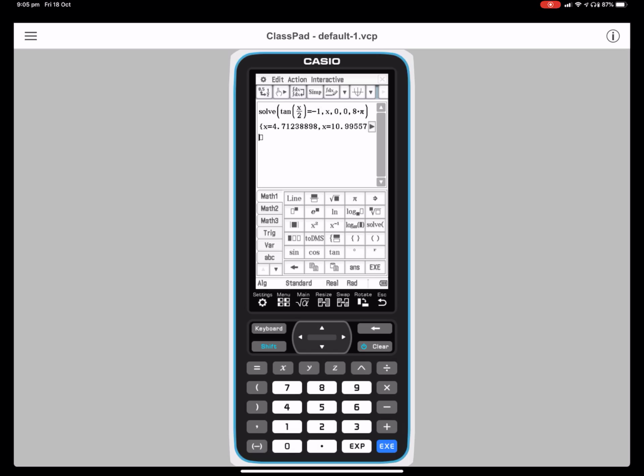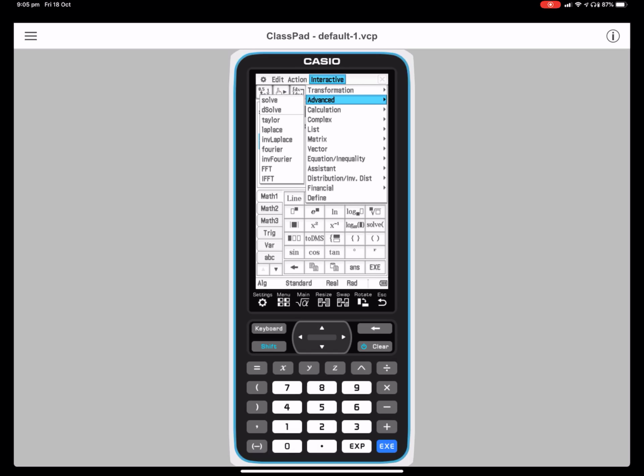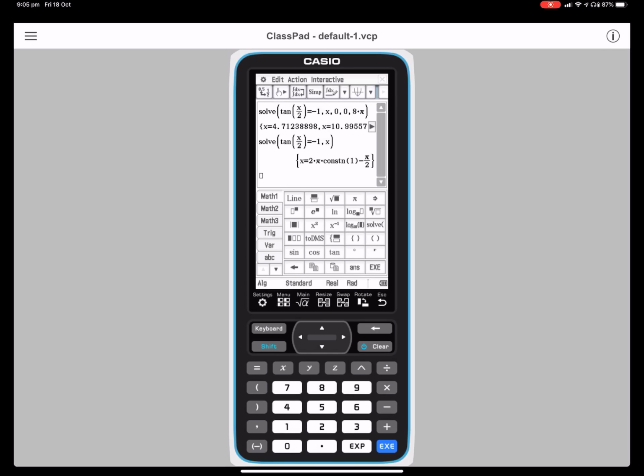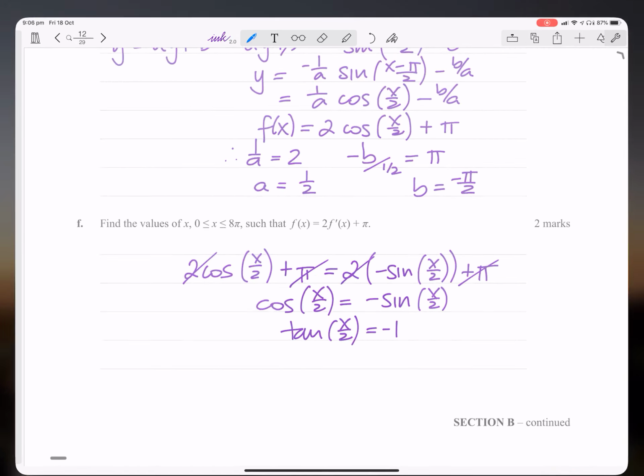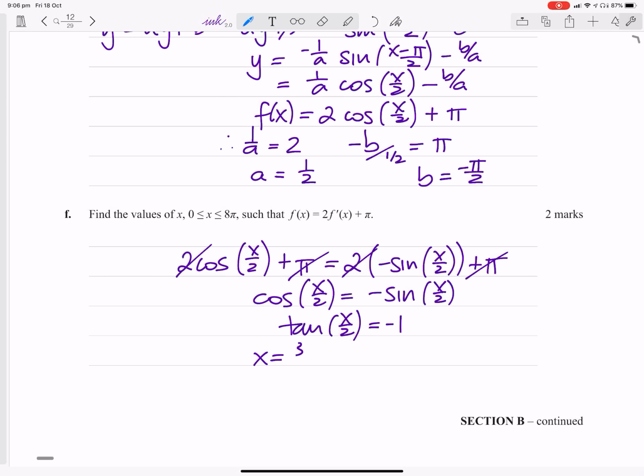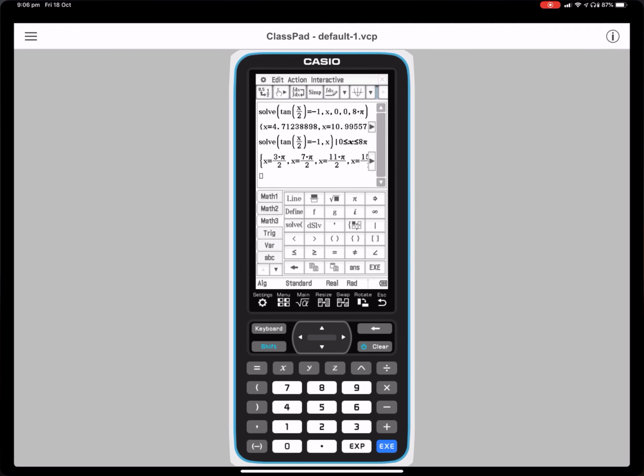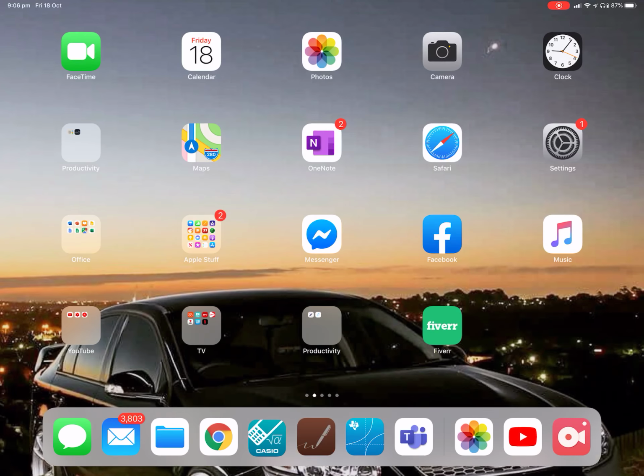They're decimal answers. Okay, we wanted the real thing. So do the same thing, interactive, advance, solve, but then we say given 0 is less than or equal to x less than or equal to 8 pi. Okay, so x equals 3 pi on 2, 7 pi on 2, 11 pi on 2, and I'm guessing the next one's 15 pi on 2, because tan are always the same distance apart.